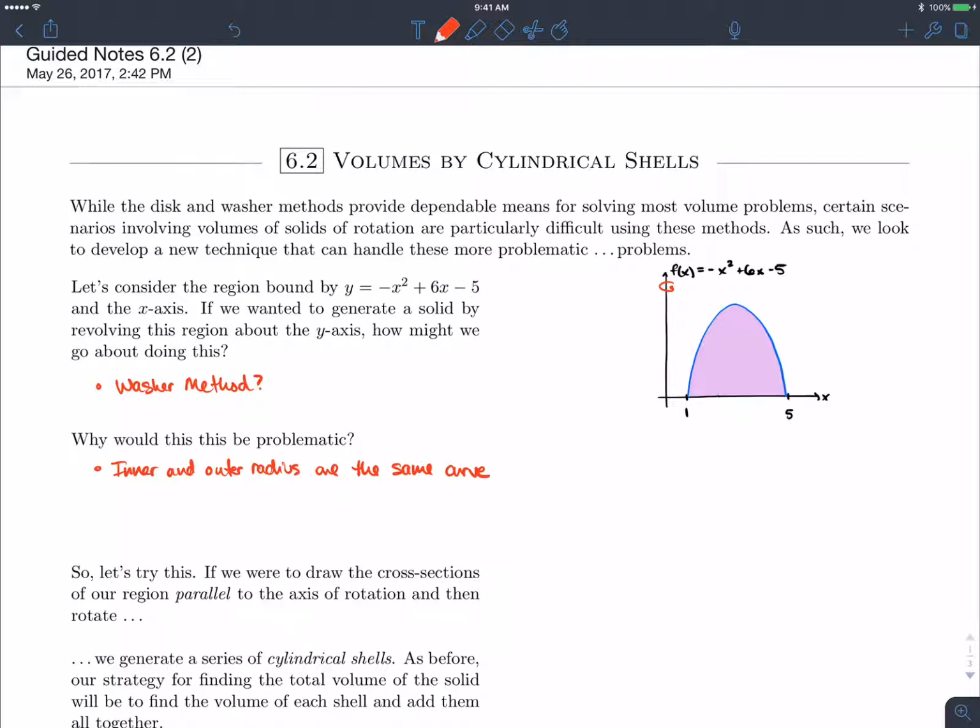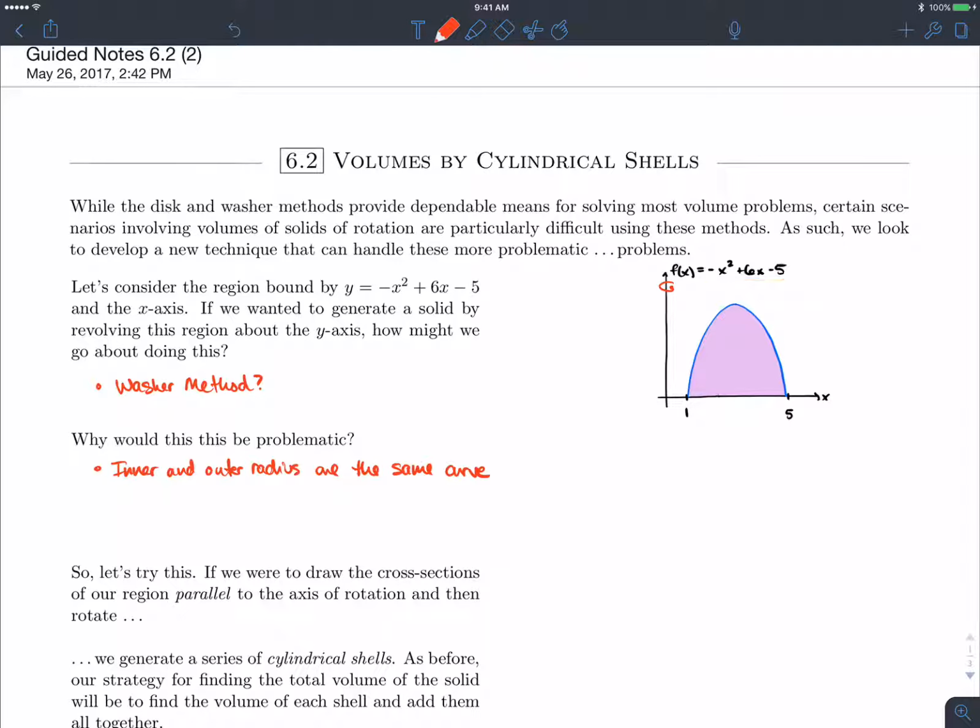The other issue that we would run into here is that we would need everything as a function of y as opposed to a function of x. So we would need to take this function right here and solve it for x. That would require some really unpleasant manipulations, having to use the quadratic formula to solve this for x and treat y as a constant.